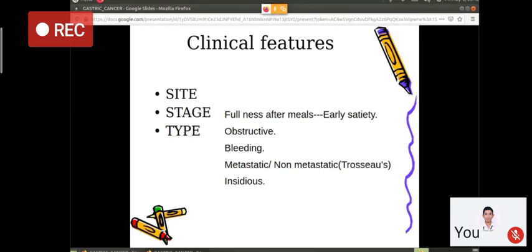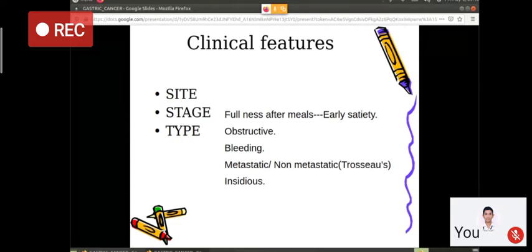Clinical features of gastric malignancy I have discussed extensively with you, because malignancy is a solid mass. A solid mass is going to produce a mass effect. If it obstructs a particular organ, it will obstruct its working, so it can produce vomiting, it can produce dysphagia. If there is gastroesophageal junction involvement, the person will not be able to eat.